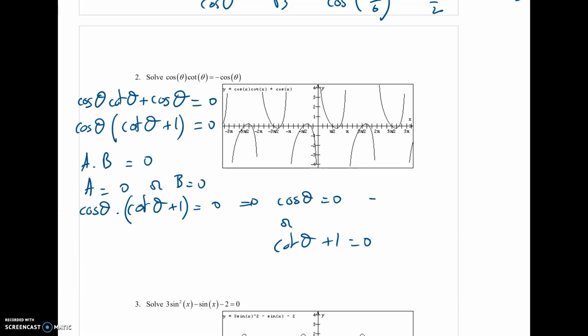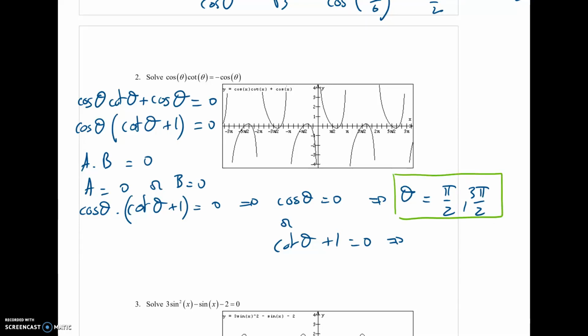Cosine theta equals 0, I know for sure that theta will be equal to pi over 2, 3 pi over 2, etc. Well, actually, let's focus only on this one.